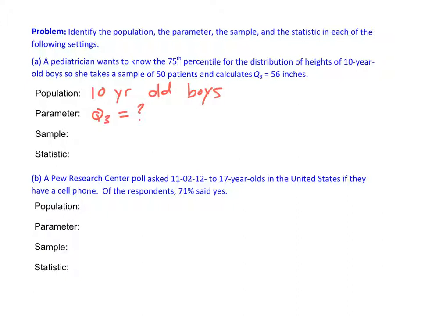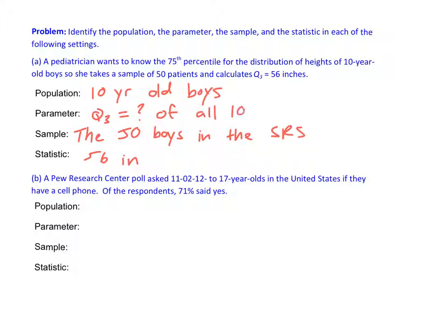Okay, the sample would be, let's see, the 50 boys in the SRS, and the statistic would be 56 inches. I should add to this, Q3 of all 10-year-old boys. Which again, that makes it kind of obvious that, yeah, that's unknown. Okay, that's unknown.